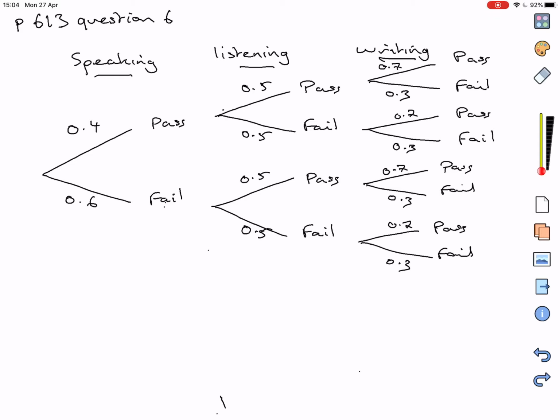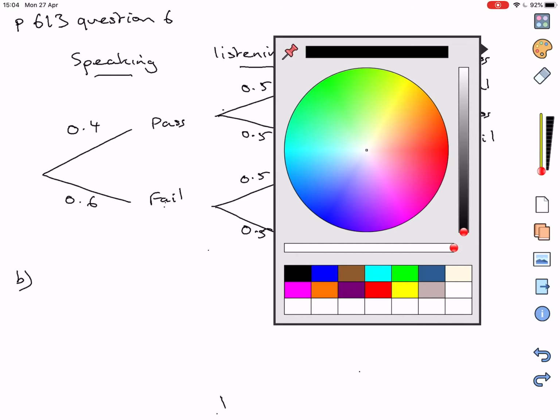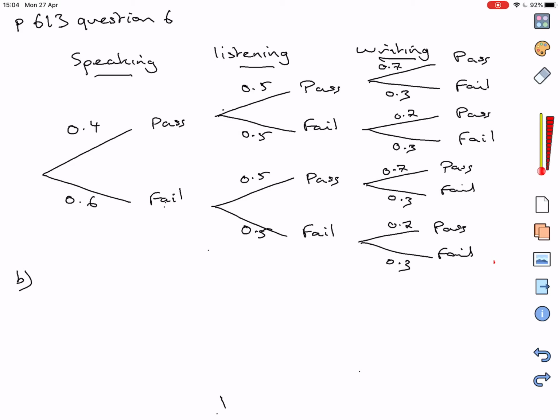Part B says if he passes all 3 parts, his father will give him $20. So what's the probability that he passes all 3? So we need to go, let me just try and find a different colour. We need to go this route. So he's got to pass speaking, then he's got to pass listening, and then he's got to pass writing.